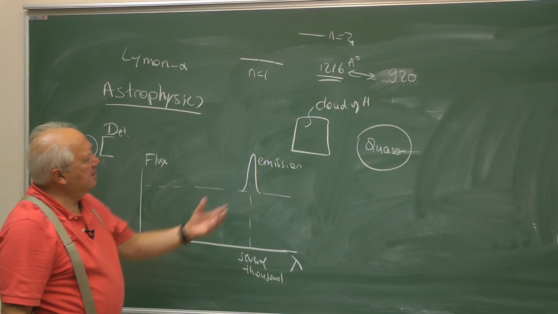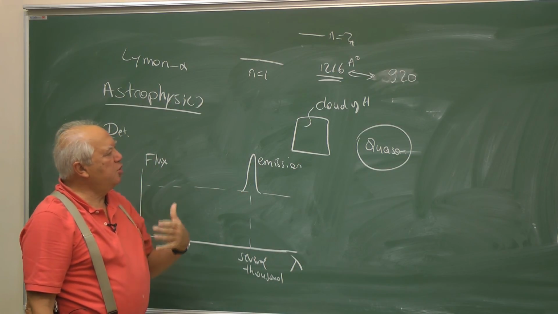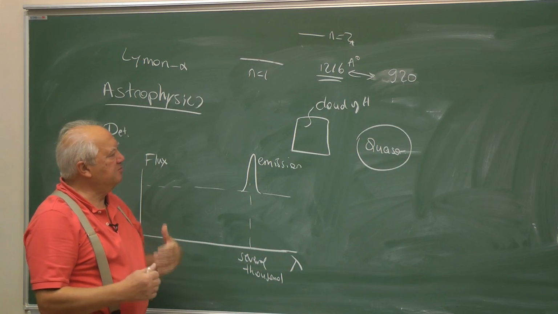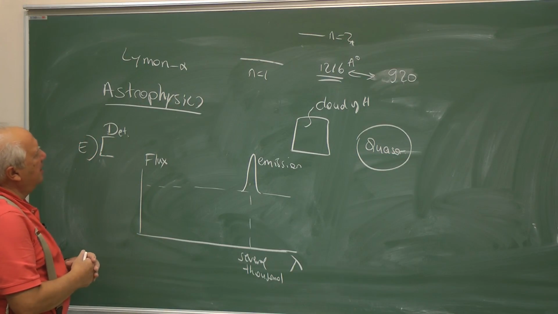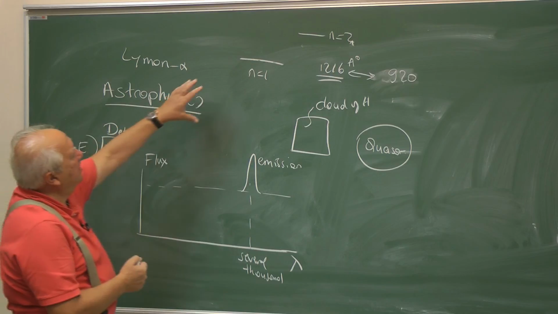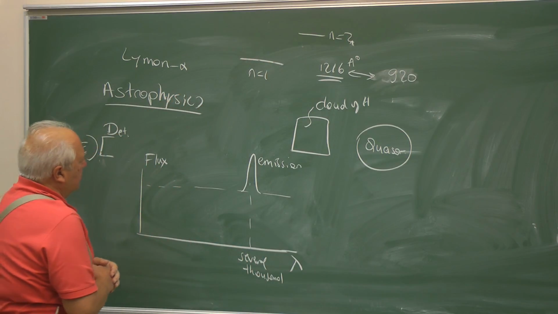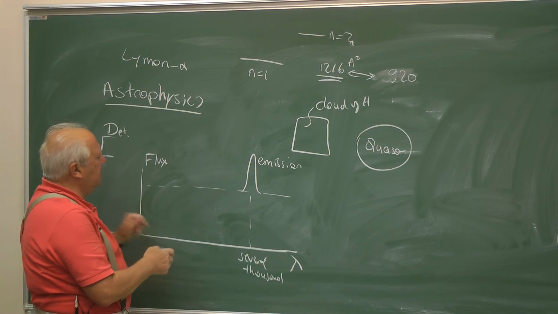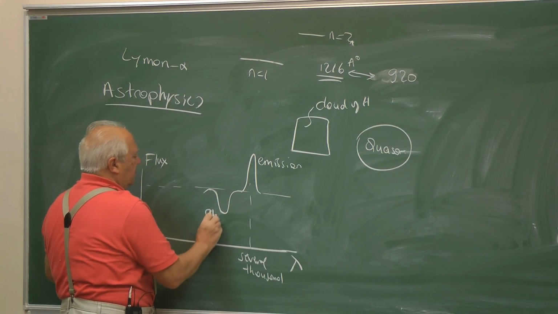So this cloud of hydrogen will absorb the radiation and will get excited to the n equals 2 level. Because it's absorbed, there will be a dip in the flux. So this will be the absorption.